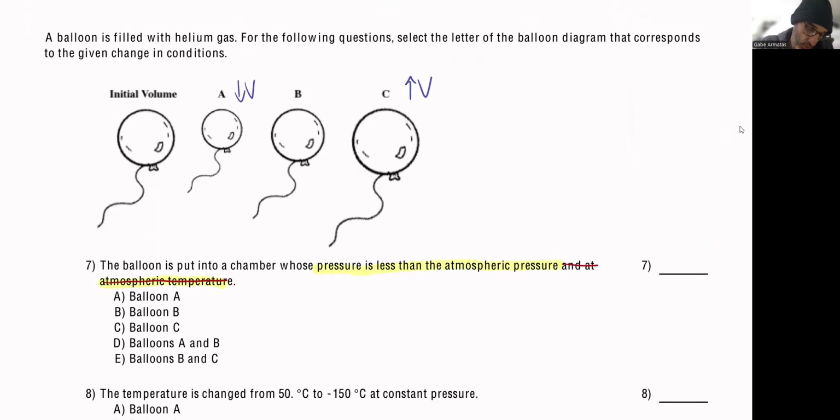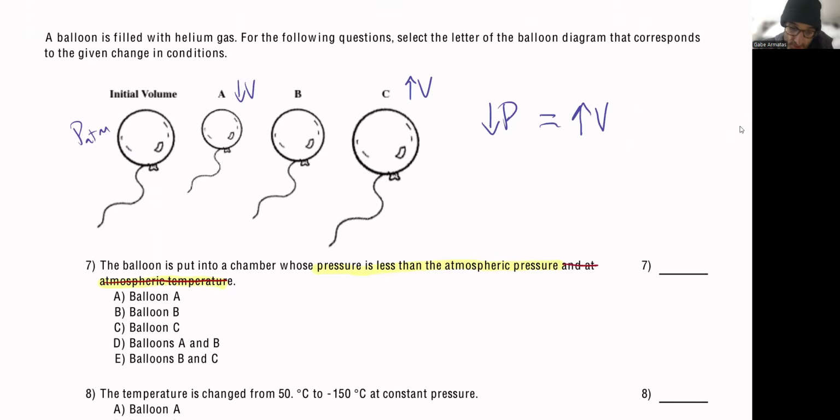So the initial one seems to be at the pressure of the atmosphere. And then, so that's P1 is atmospheric pressure. And then we see a decrease in pressure. That is going to lead to what? An increase in volume, right? So as I decrease pressure, volume increases.